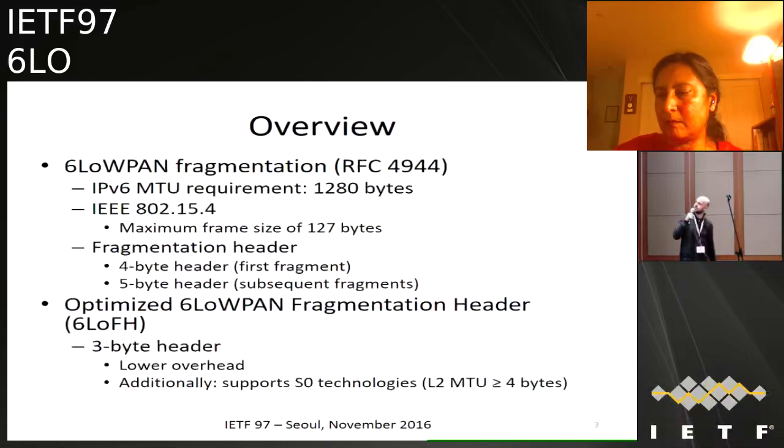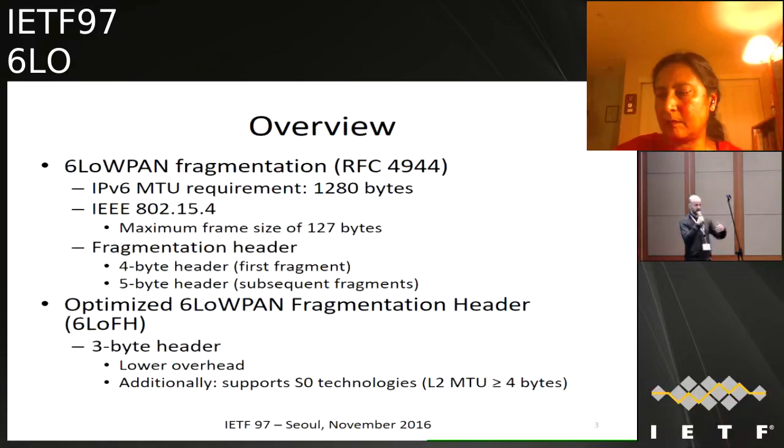So the original 6LoWPAN fragmentation header was designed to support the IPv6 MTU requirement over 15.4 links, which have a frame size of only 127 bytes. This fragmentation header comprised a 4-byte header for the first fragment, and a 5-byte header for subsequent fragments.